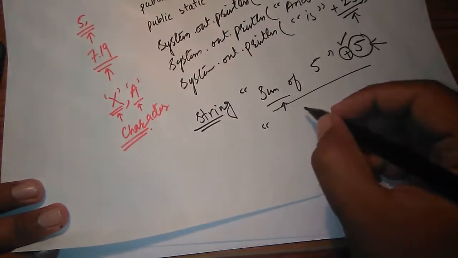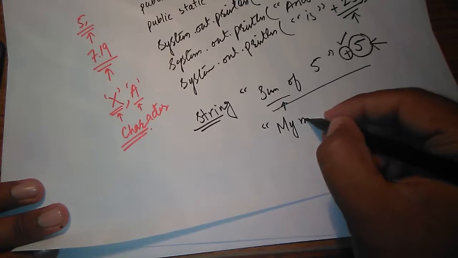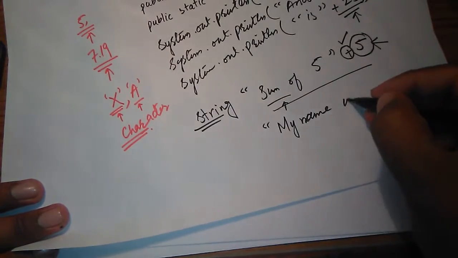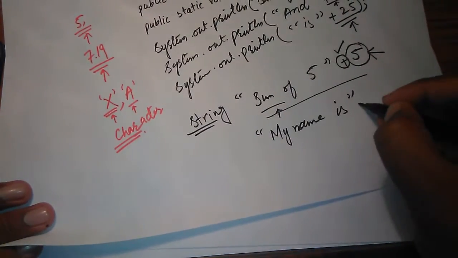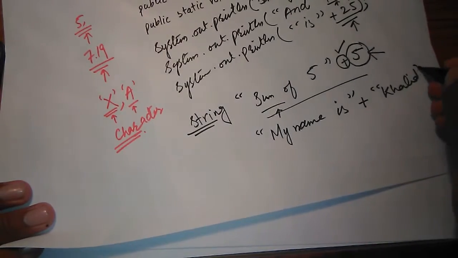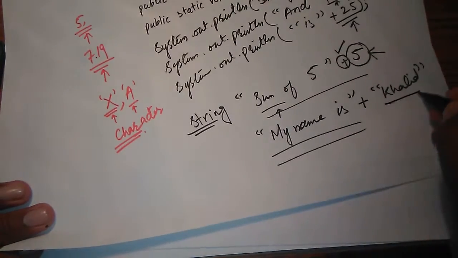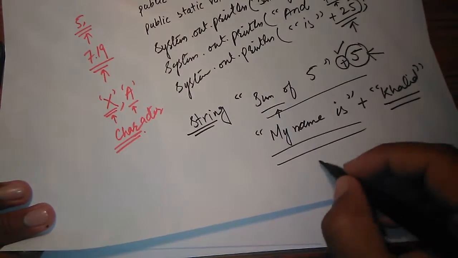For example, I'm going to write here "my name is", and I'm writing here the name. These both strings are concatenated, means they are joined.